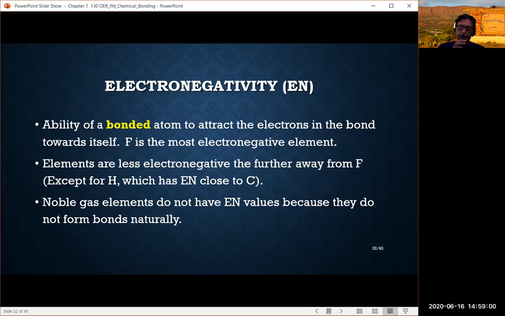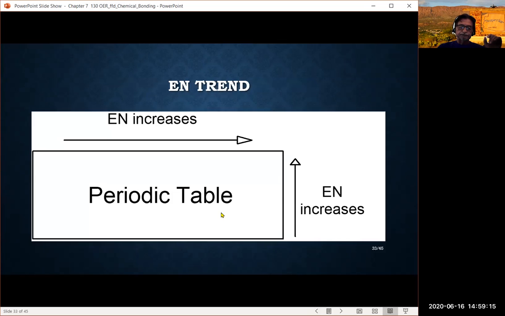So whenever you see carbon hydrogen, think nonpolar. All the noble gases don't have electronegativity. Why? The octet's full, so there's no electronegativity value. So that was the trend: left to right increase, bottom to top increase, all directed toward fluorine.